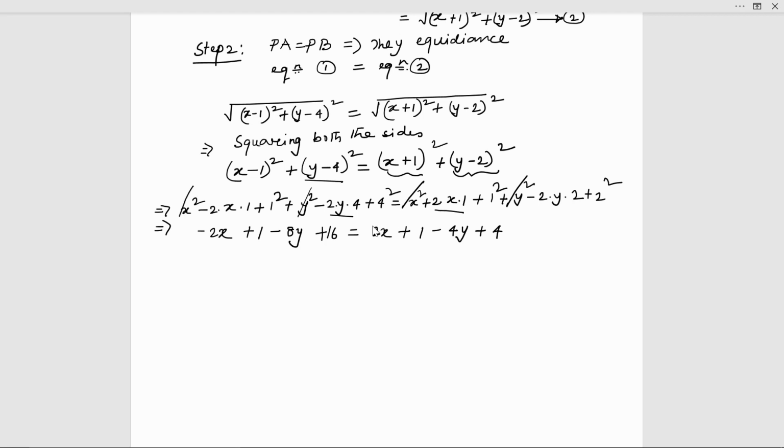Now I'm taking all the values of the right hand side to the left hand side of the equation and see how the equation looks.